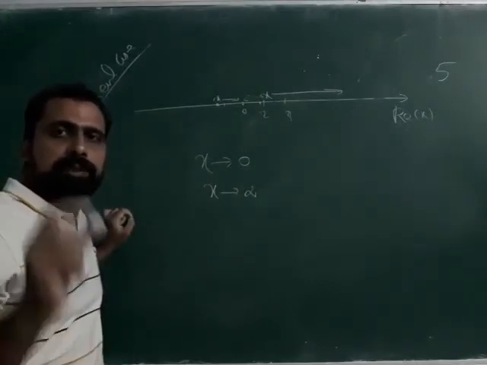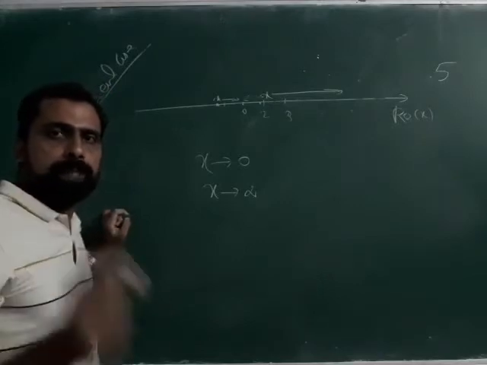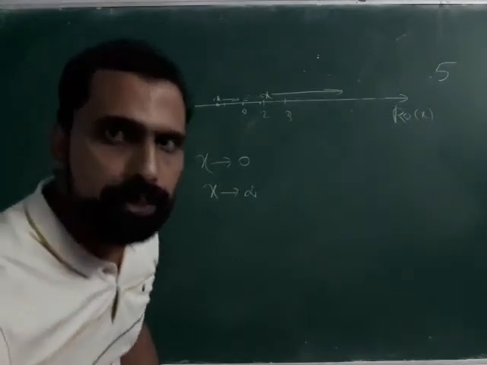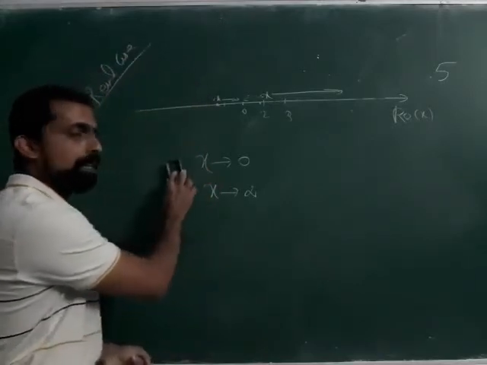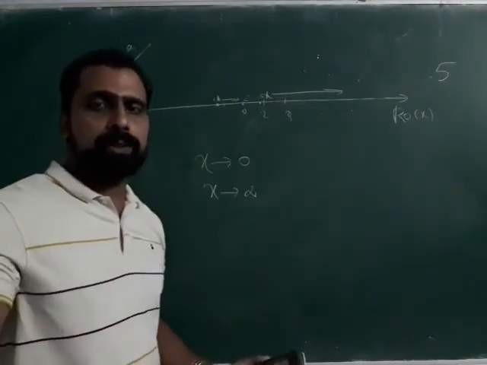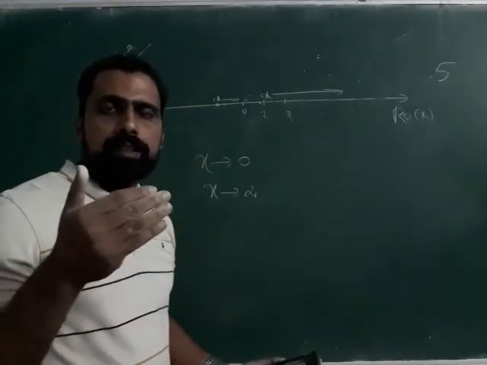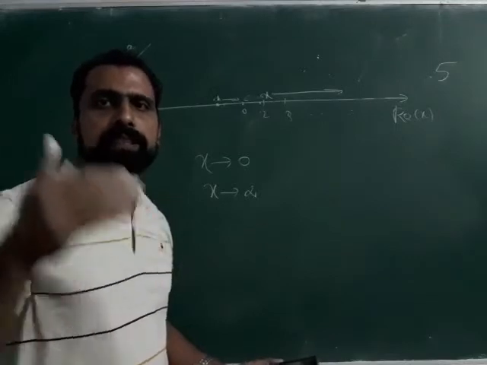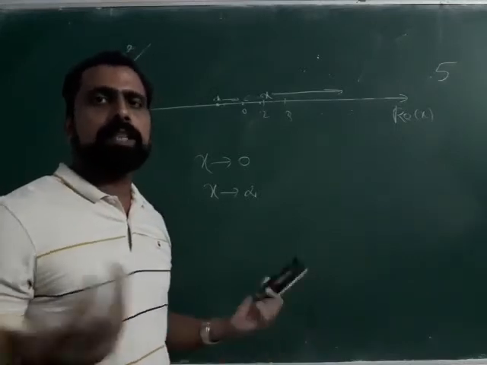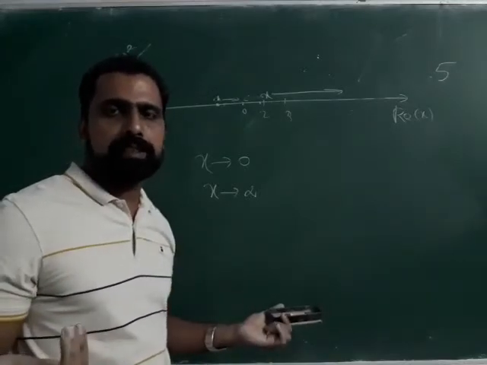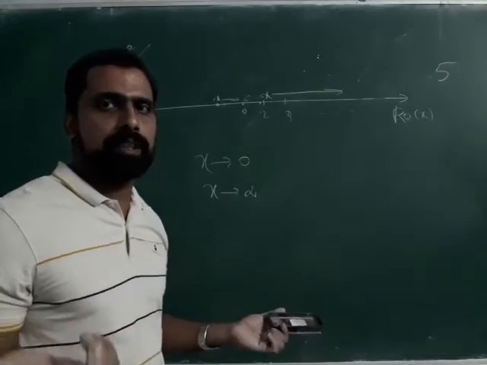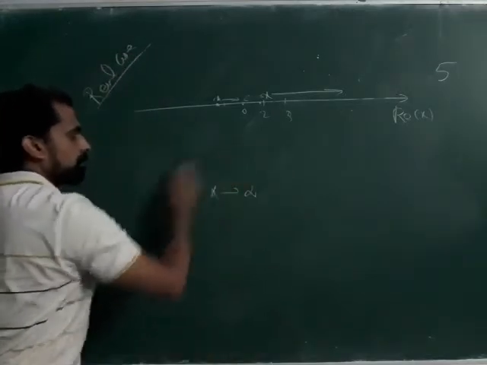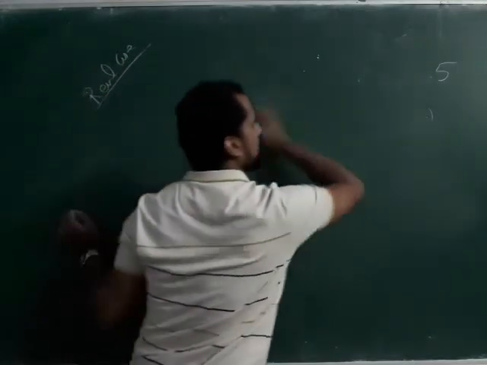Now we come to our complex number. What about the situation in the case of a complex number like z tending to 0 or z tending to infinity? What does it mean? How to represent it? That is a big question in our hands. So we will look at it.